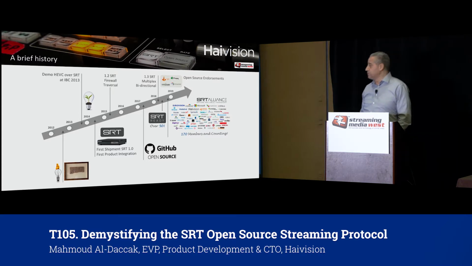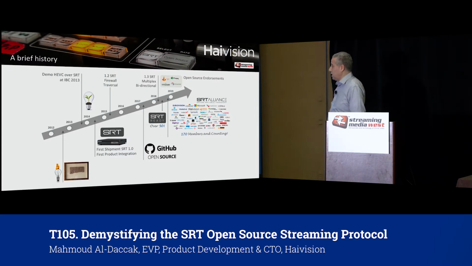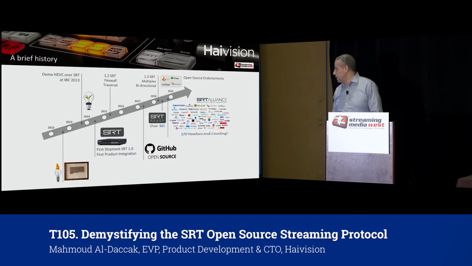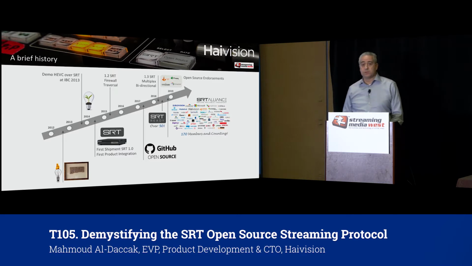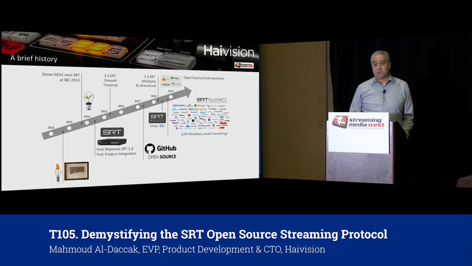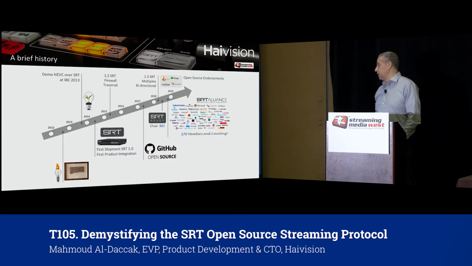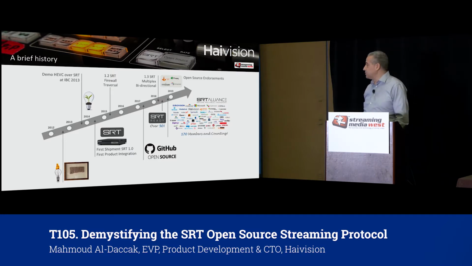We shipped our first product on it somewhere in 2014, I think around NAB. We added some firewall friendliness there. Decided to open source it at NAB 2017. We didn't expect how thirsty the market and the industry were for something like that, to be able to deliver your video free of network impairment over public internet or unmanaged networks.